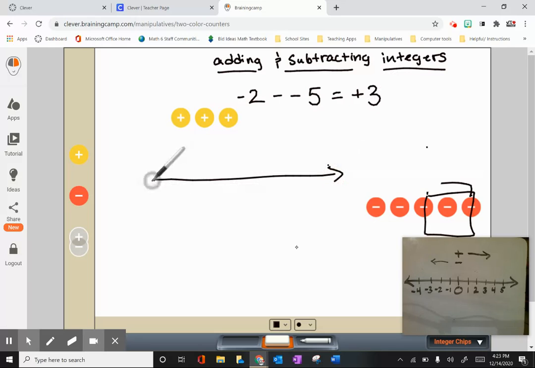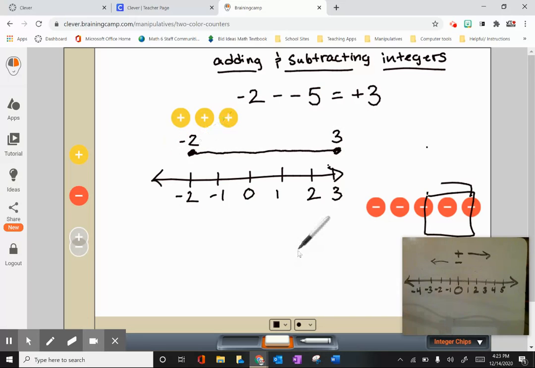That by taking away a negative, I've increased by 5. I guess 3 would be here. So I'm going from -2. I'm increasing 1, 2, 3, 4, 5. I end up at 3 from -2.